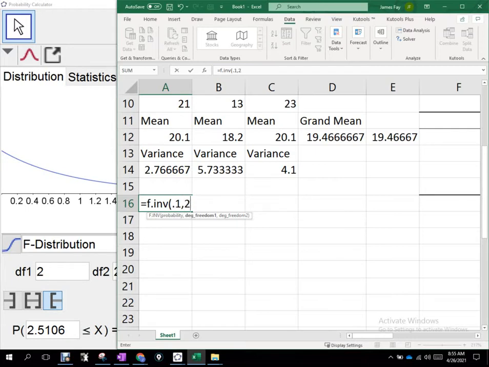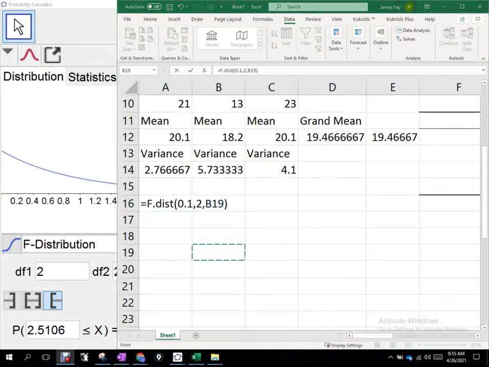So degrees of freedom in the numerator is 2. Degrees of freedom for the denominator was 27. I think I actually have to hit F dot dist. Sorry, no, that's not right. Hold on.